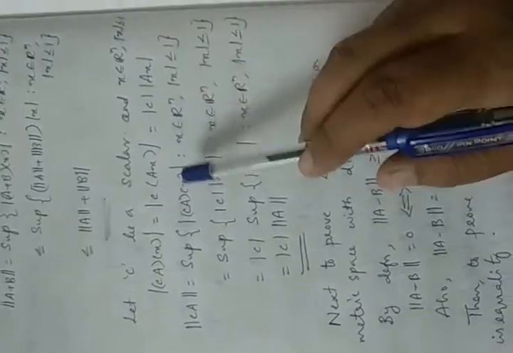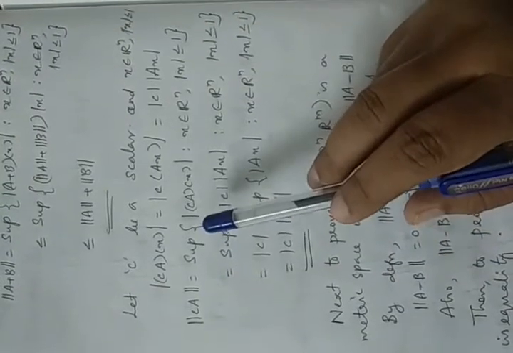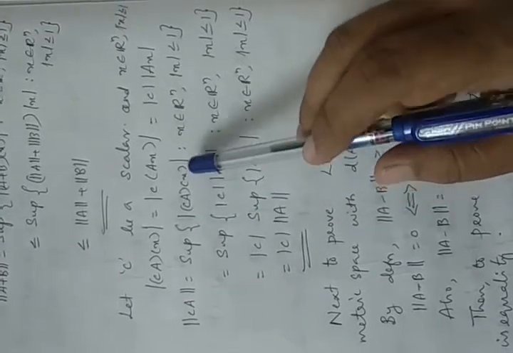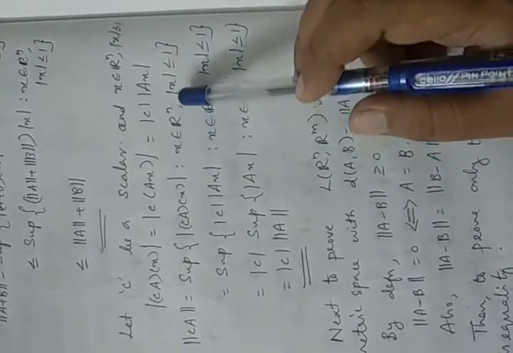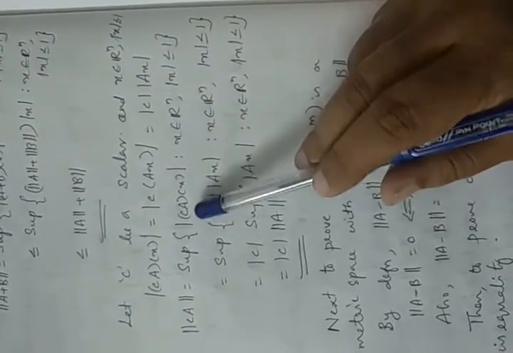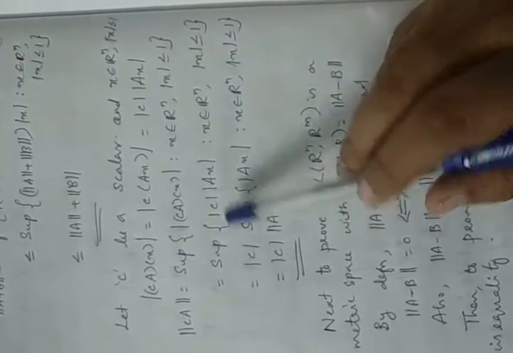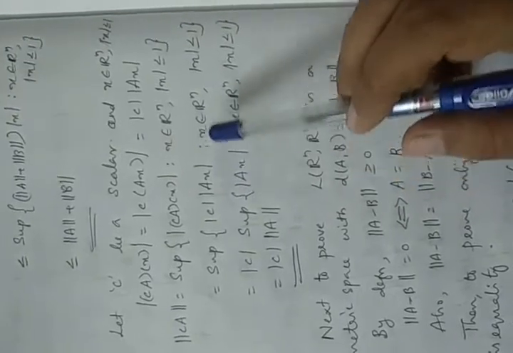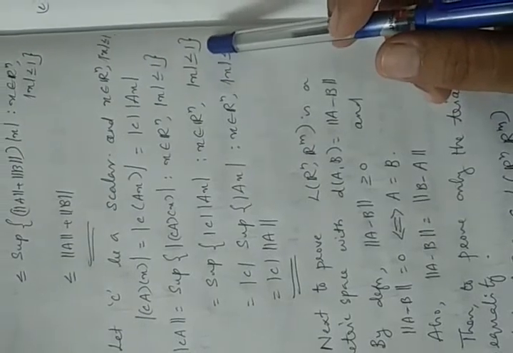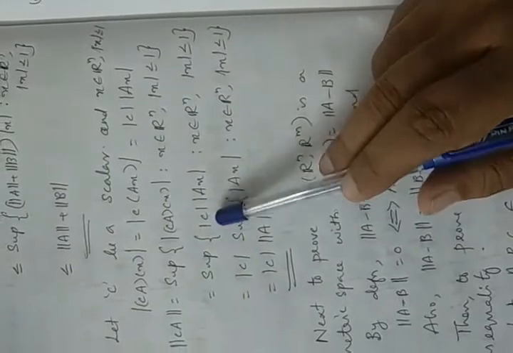And we have norm of CA, by definition, is the supremum of modulus of CA of x, where x belongs to R^n and mod x less than or equal to 1. And we substitute for this term, which is equal to mod C into mod Ax. So, the supremum of mod C into mod Ax, where x belongs to R^n with mod x less than or equal to 1. Now, this mod C is independent of x. So, we can take this term outside.